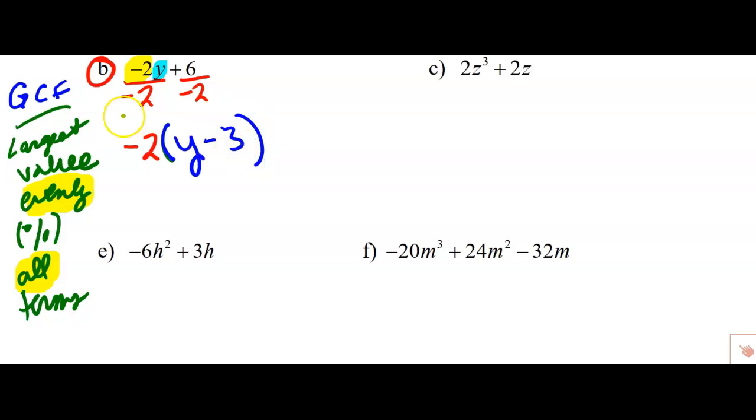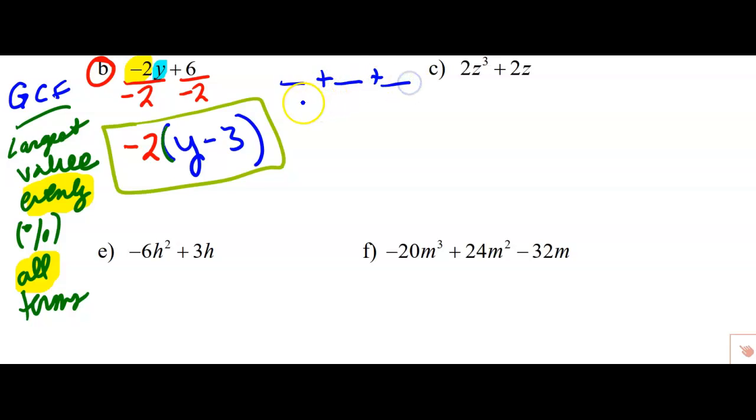So my factored set is negative 2 times the quantity y minus 3. We're trying to take something that is a value plus a value and turn it into something times something, so essentially factors. We want to rewrite it into a factored set with parentheses. That's our goal here.